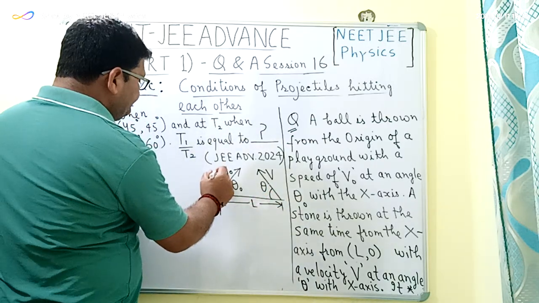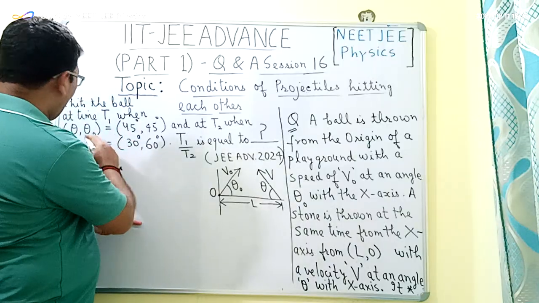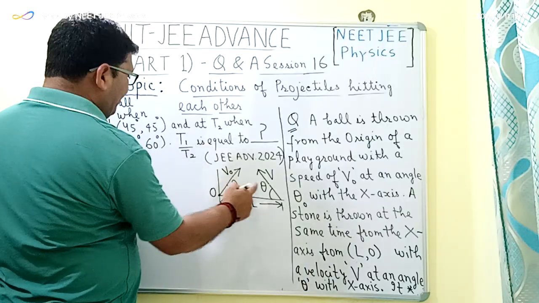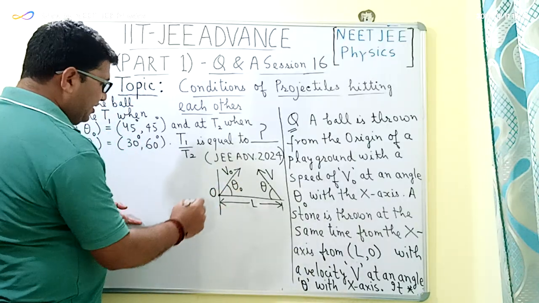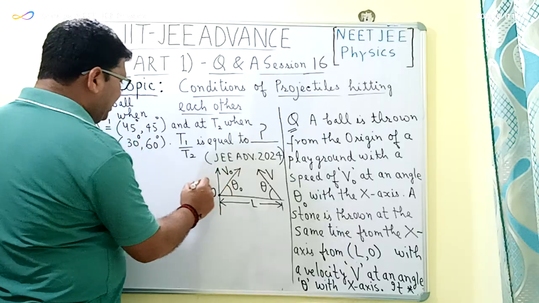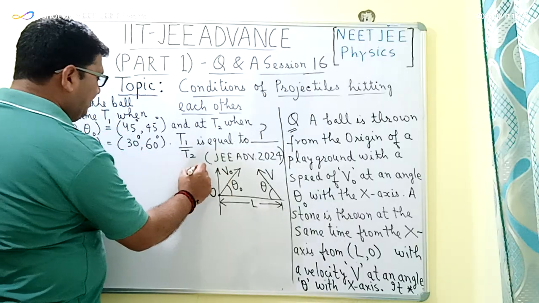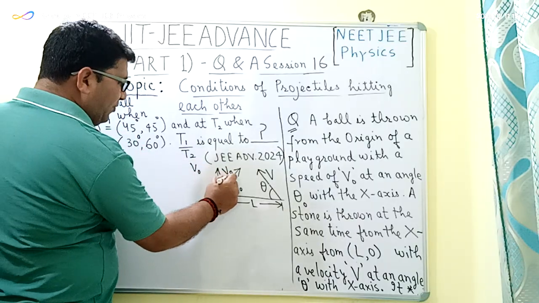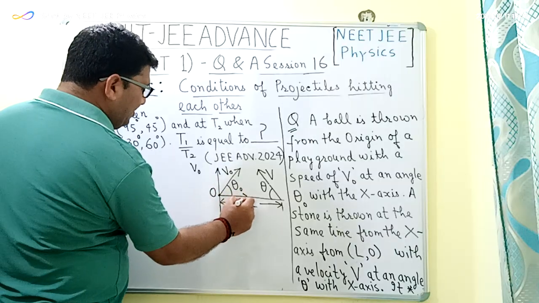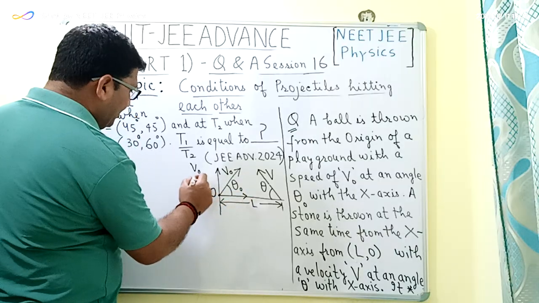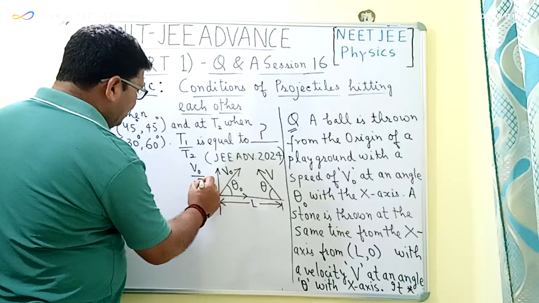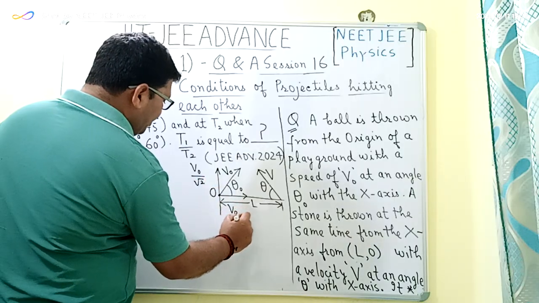So here in the first case, when theta is equal to 45 degrees and theta naught is equal to 45 degrees, the vertical component will be equal to v naught sin 45, and the horizontal component will be equal to v naught cos 45. So this will be equal to v naught upon root 2, and this will be equal to v naught upon root 2.